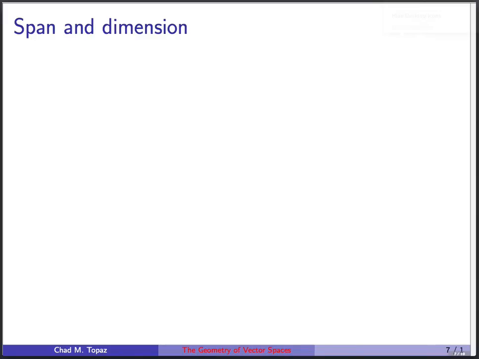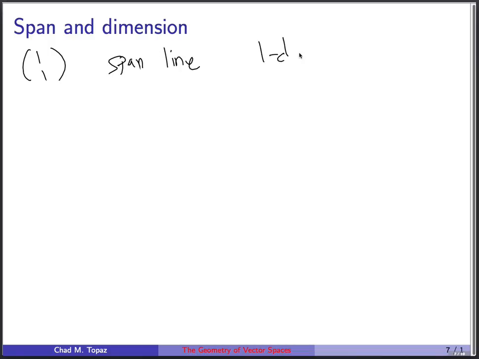This is just to make explicit and more concrete something we've sort of already been saying, which is to talk about the dimension of what is spanned by some vectors, right? So if I have the vector 1, 1, we said the span is a line, and a line is a one-dimensional object. Okay, if we have the vectors 1, 1, and 1, 2, these are linearly independent.